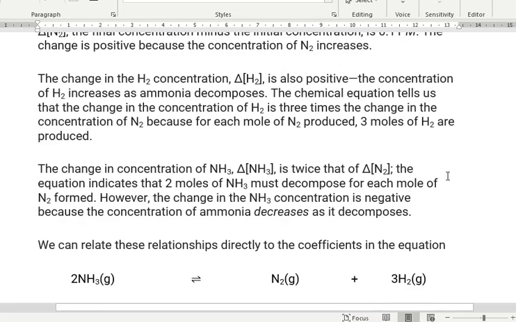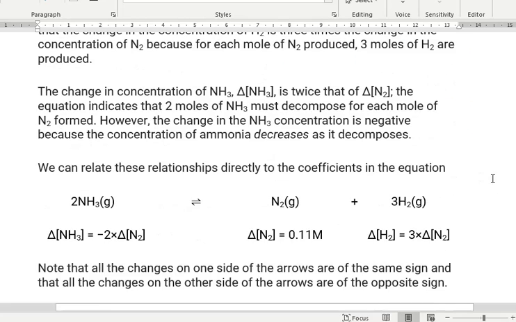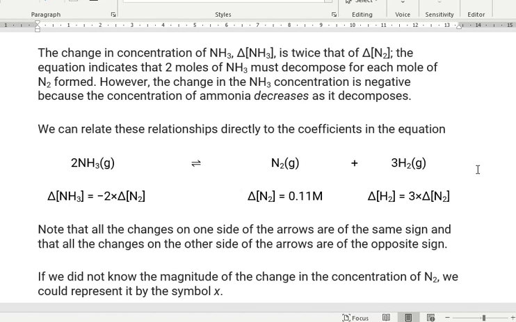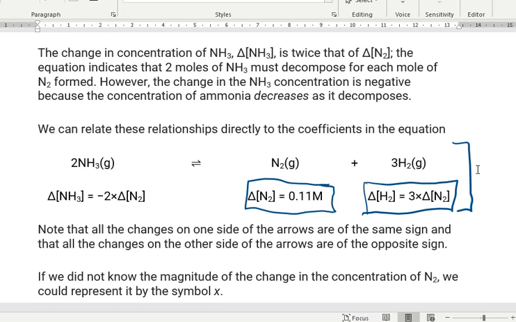Okay? So this is what we just discussed. The 0.11 M concentration of N2 is given in the problem, and this one you deduced from the balanced equation. Okay?